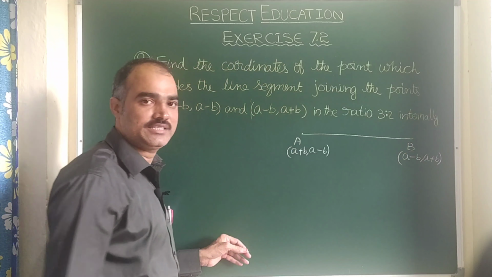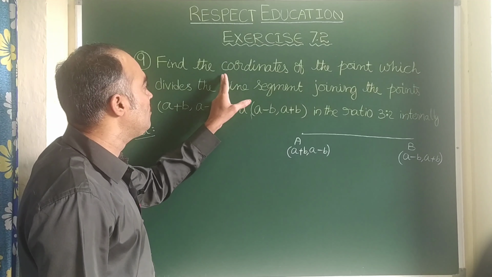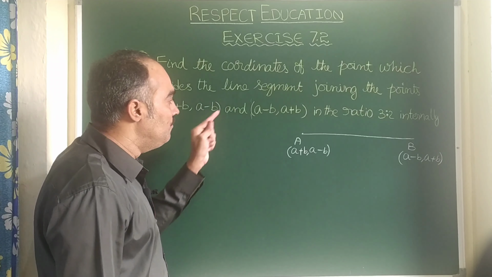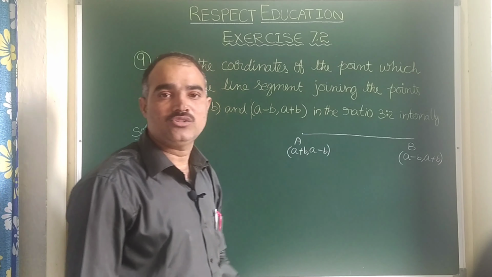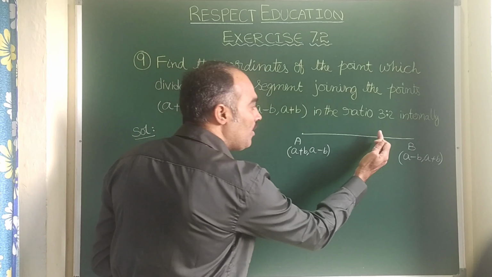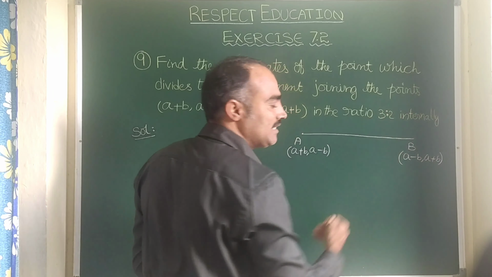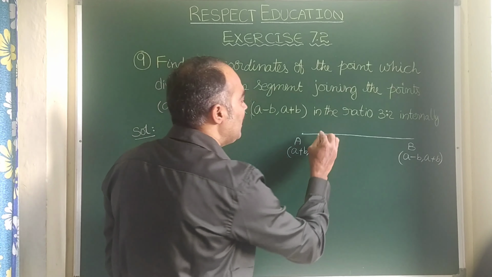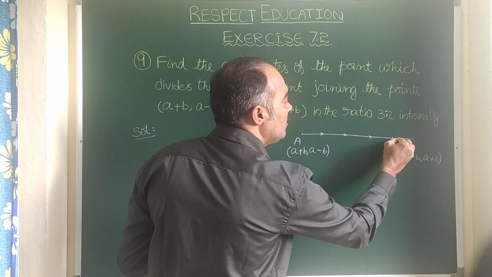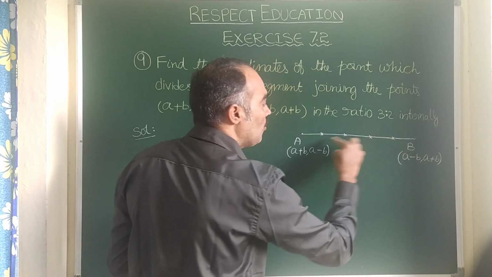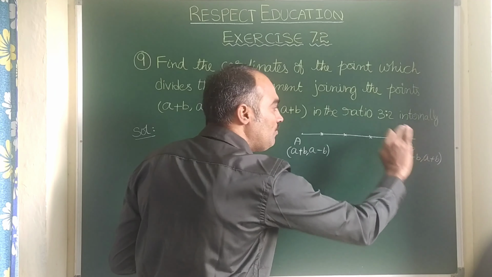Now the question is that we need to find the coordinates of a point which divides AB in the ratio 3:2 internally. 3:2 means, as you know, 3 parts should be this side, 2 parts should be that side. Roughly let us make 5 parts here. 1, 2, 3, 4. These 4 points divide it into 5 equal parts.